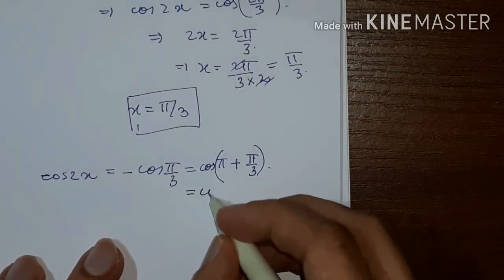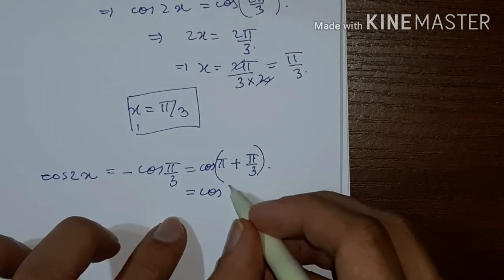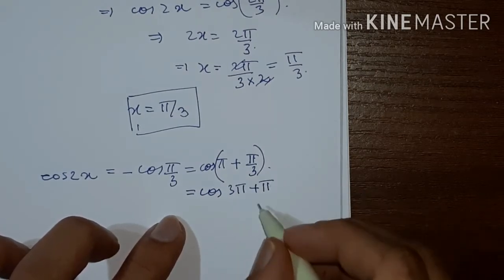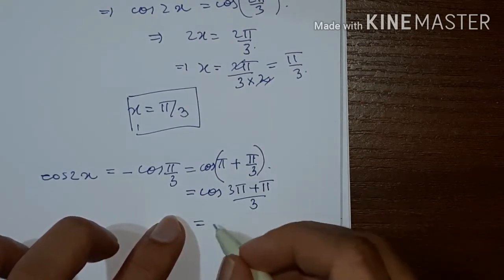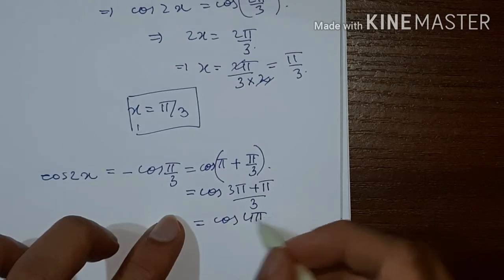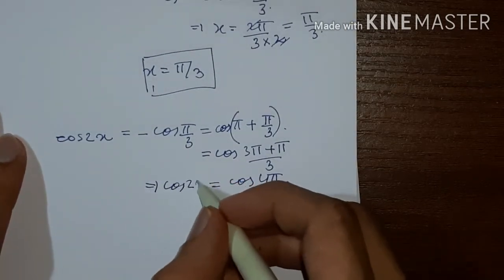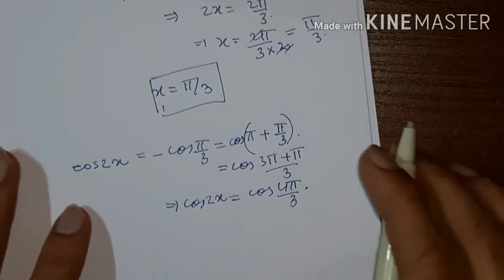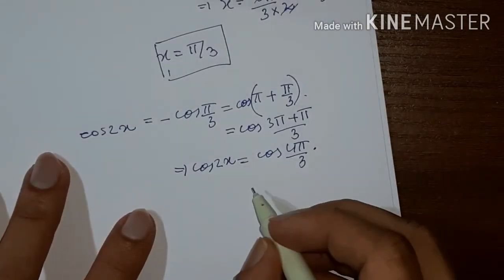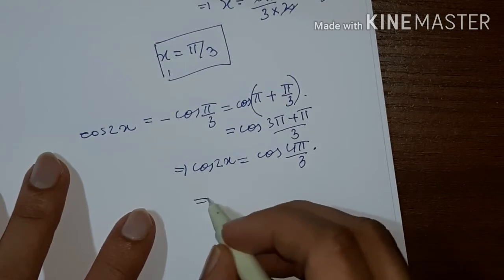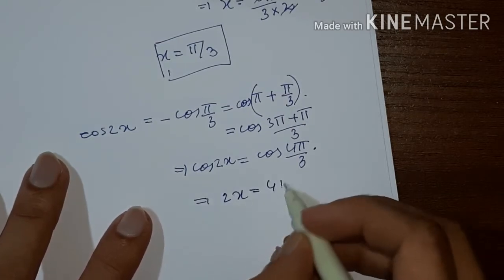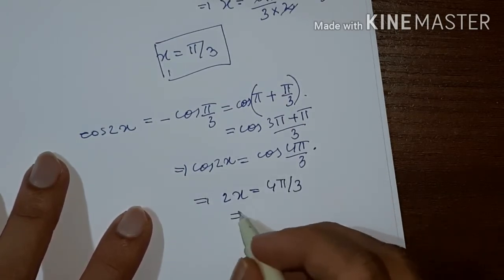So what is this? Cos of 3 pi plus pi by 3, which is cos of 4 pi by 3. So cos of 2x is equal to cos 4 pi by 3, right? Now what we got? 2x is equal to 4 pi by 3.